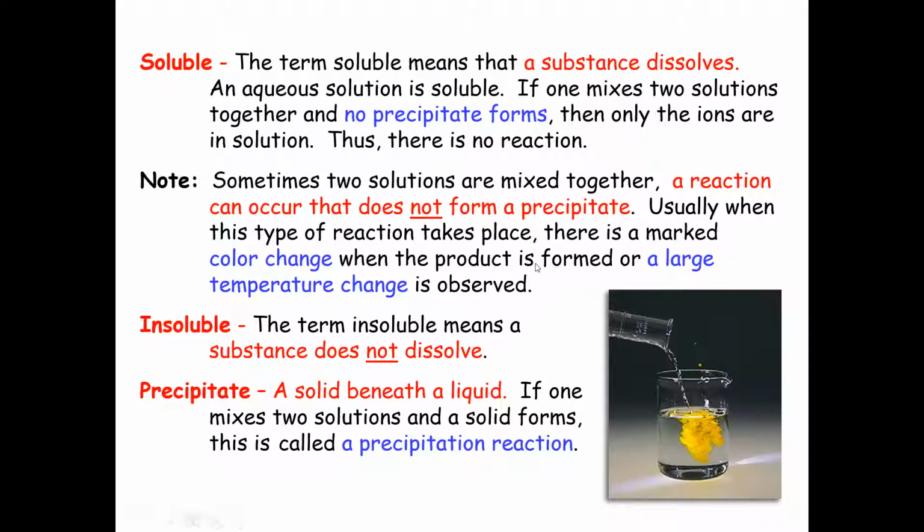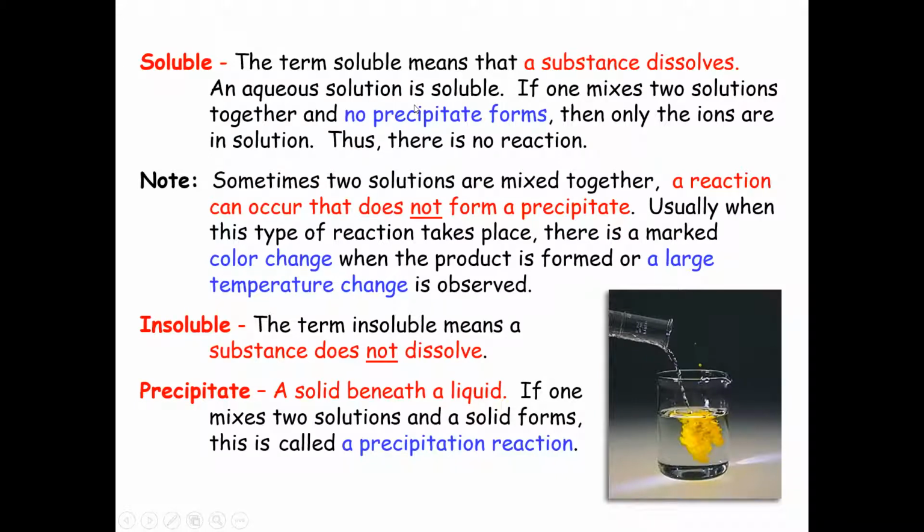The term soluble means that a substance dissolves. An aqueous solution is soluble if one mixes two solutions together and no precipitate forms, so only the ions are in solution, thus there is no reaction.